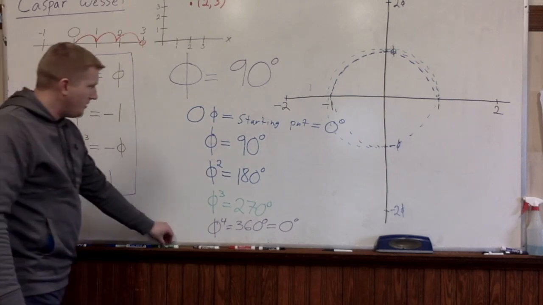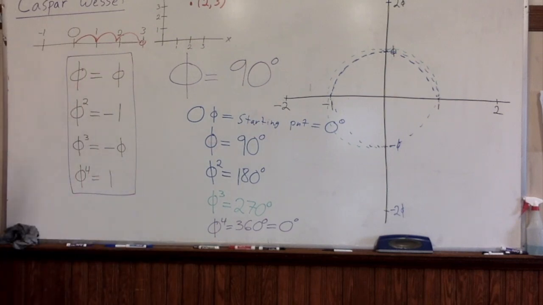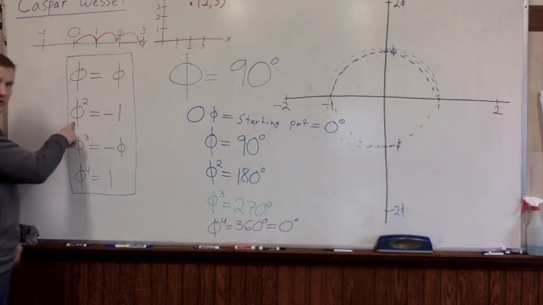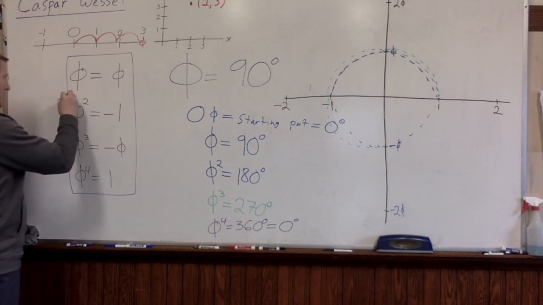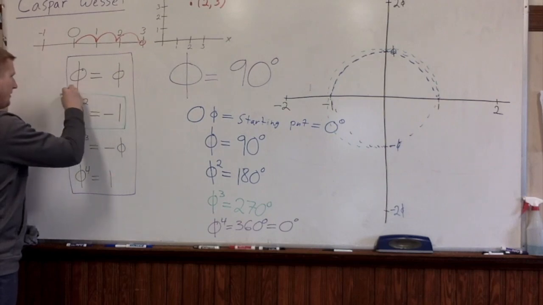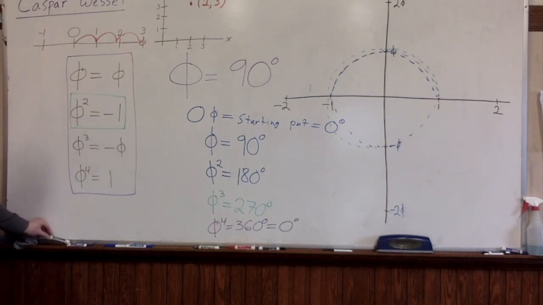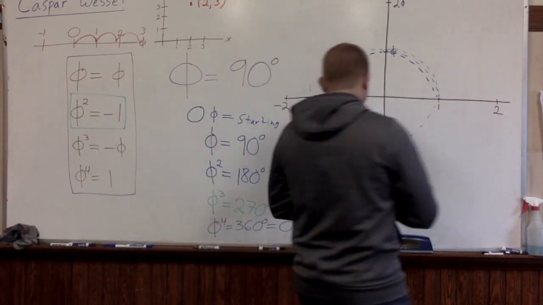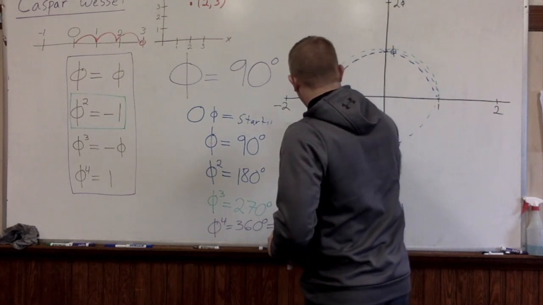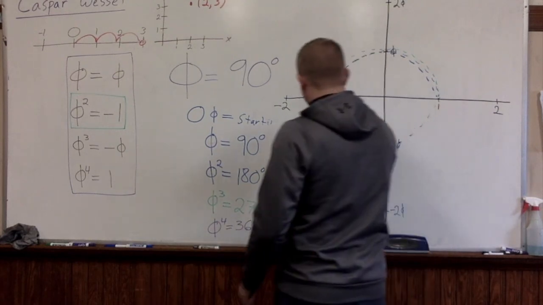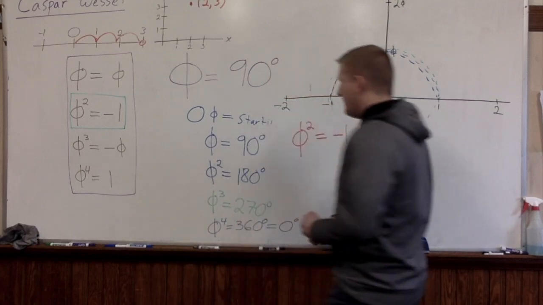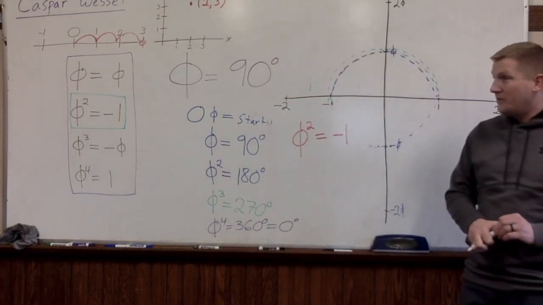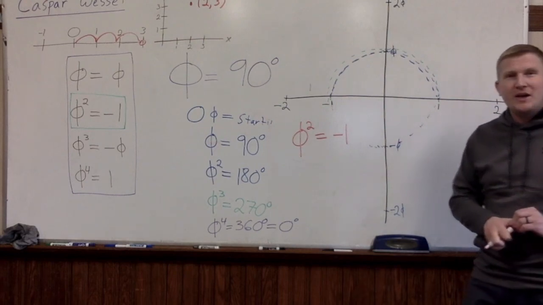Hopefully, you zeroed in on the first instance where our fictitious number, our made-up number, got us something that we're familiar with. Focus in on this equation here. Phi squared is equal to -1. I'm going to rewrite that over here. Now, this hopefully should look simple.